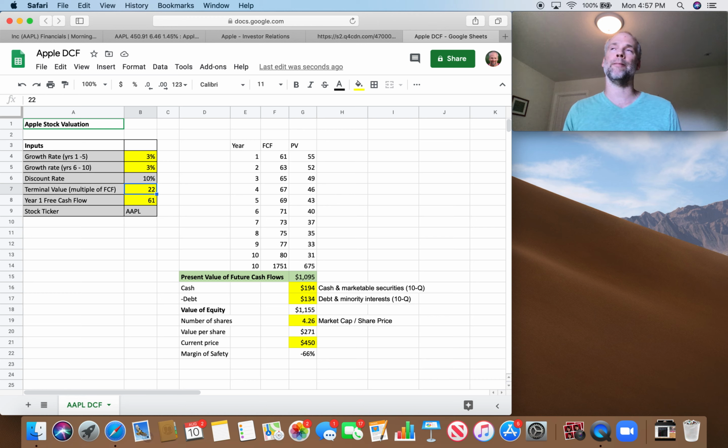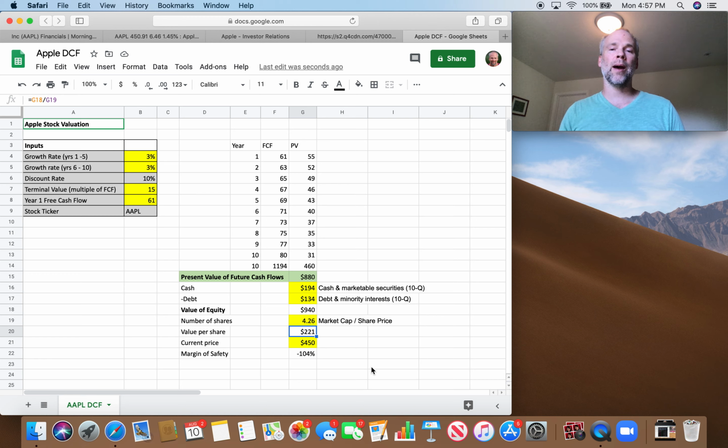And then 15, I don't have any interest in paying more than a 15 multiple in this discounted cash flow valuation for Apple after 10 years. So I'm pretty comfortable with this valuation. And obviously, I'm not going to be buying Apple. Apple has to come down a lot before I'm interested in Apple.